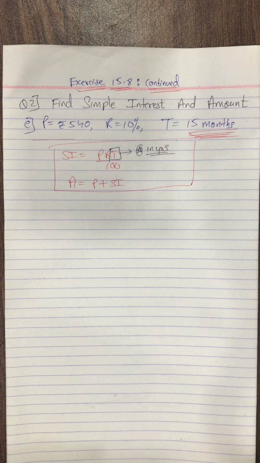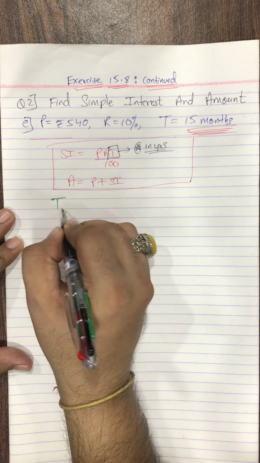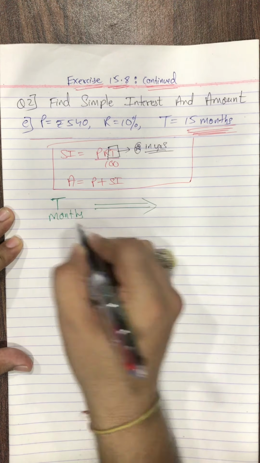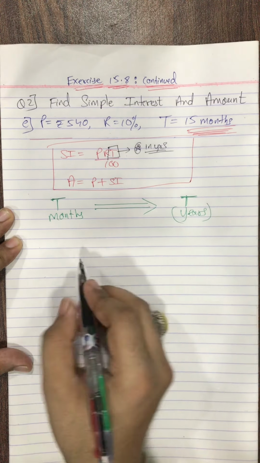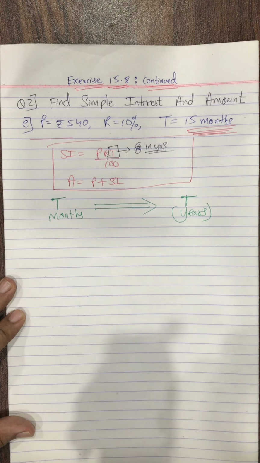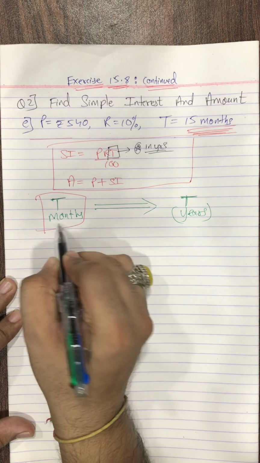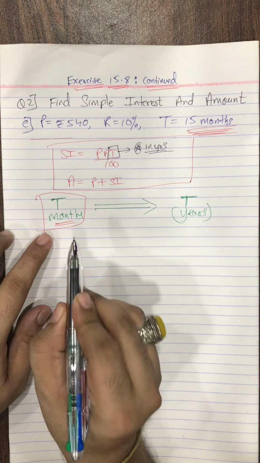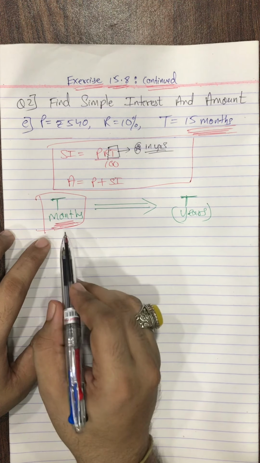So how to do that? If the time period is given in months and you need to convert it into years, please listen to my explanation. As we all know, in 1 year we have 12 months.